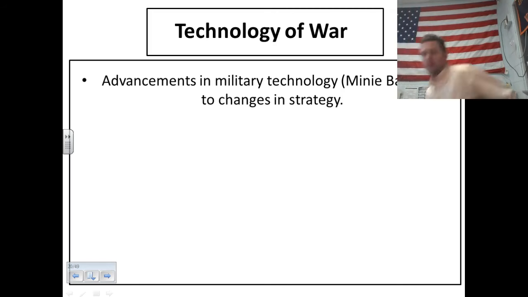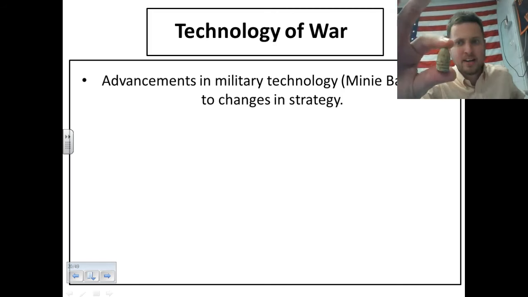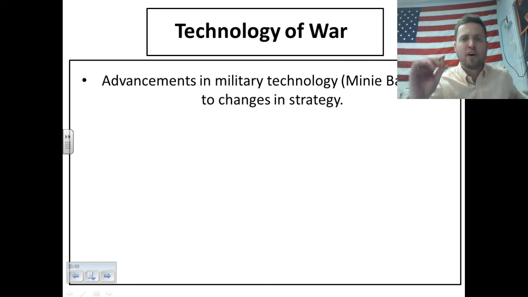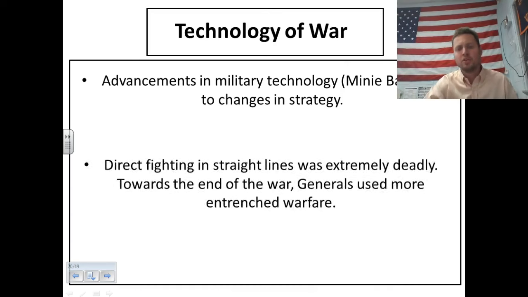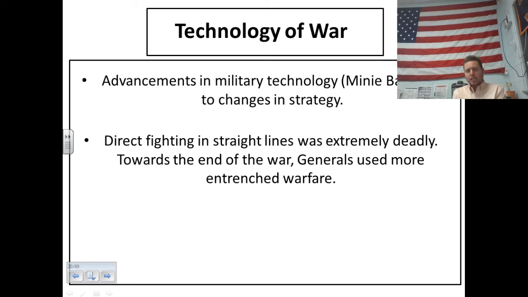This right here is a mini ball, and it was far more accurate than the other ammunition. So, a new style of fighting. Direct fighting in straight lines was extremely deadly.